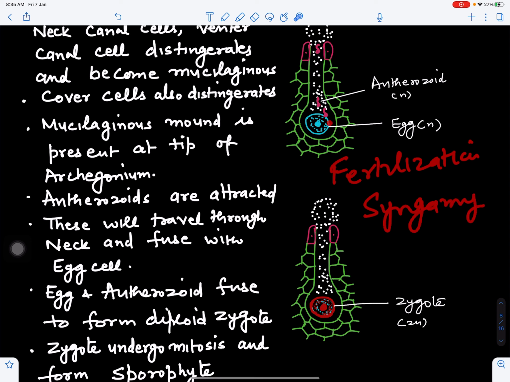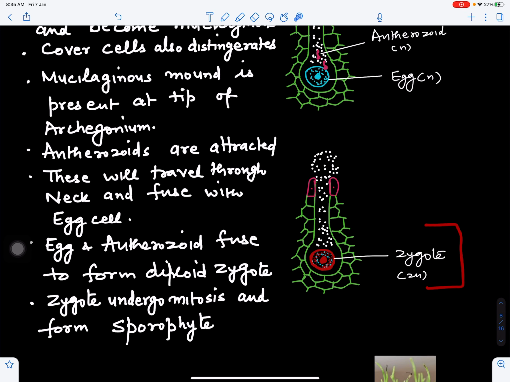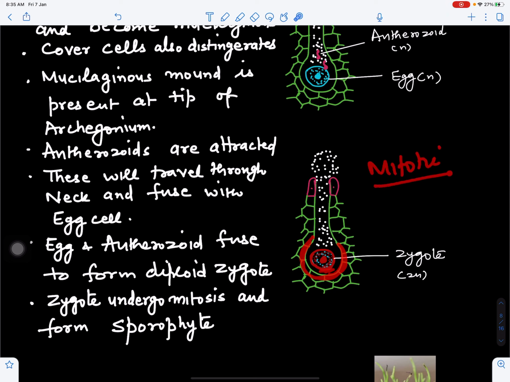So antherozoid and egg will fuse, because the antherozoid is haploid and the egg is also haploid. When they fuse with each other, this will lead to the formation of a diploid zygote. Now, this diploid zygote, which is present in the dilated part, the venter of the archegonium, will show mitotic cell division. This will divide by mitosis and develop into a diploid structure called the sporophyte or sporogonium.